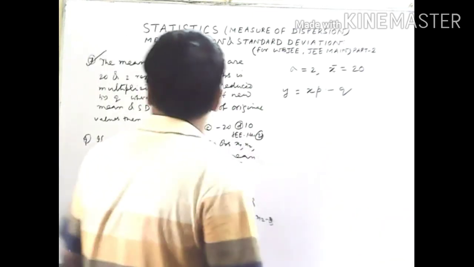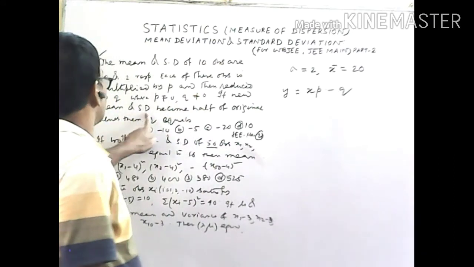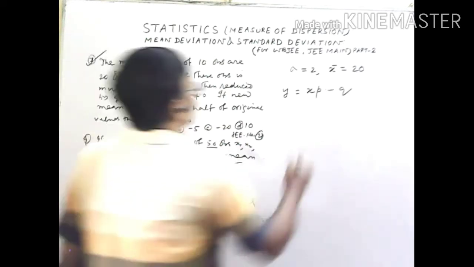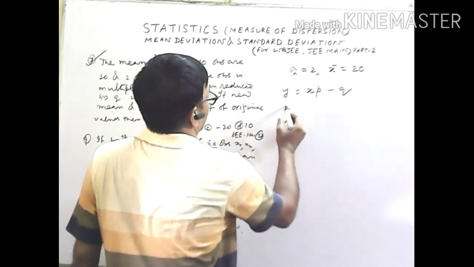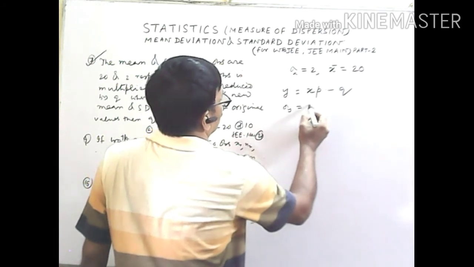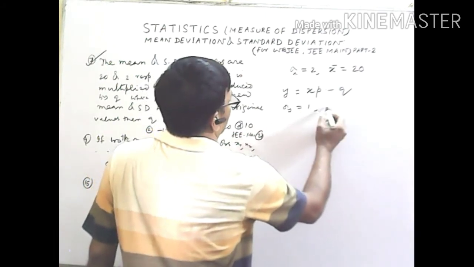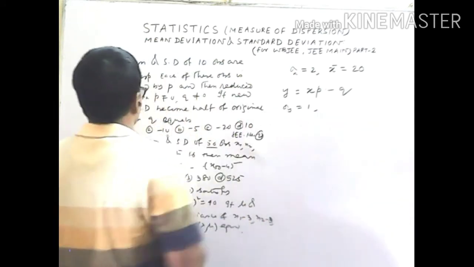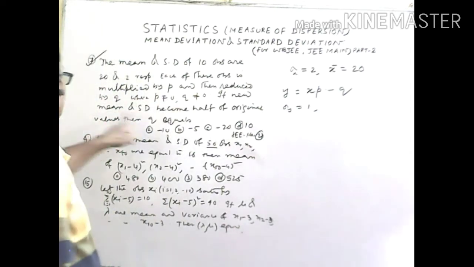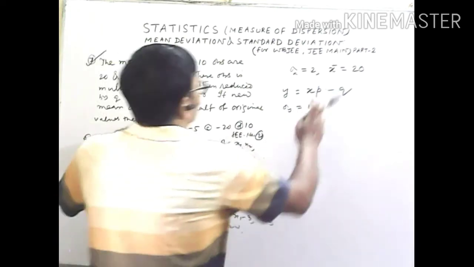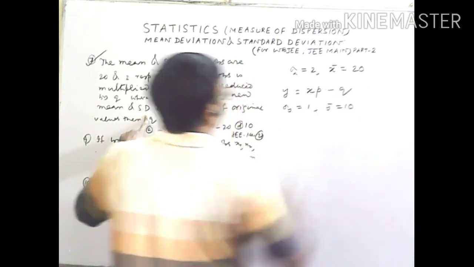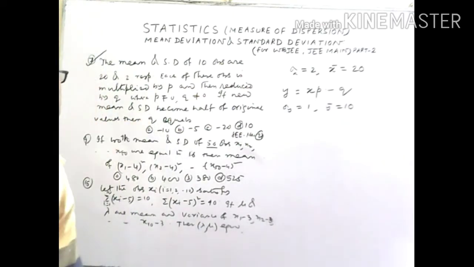Now look, if the new mean and standard deviation become half of the original value, so sigma x is 2, what is sigma y? It equals 1. And the new mean, y bar, equals 10, half of 20.